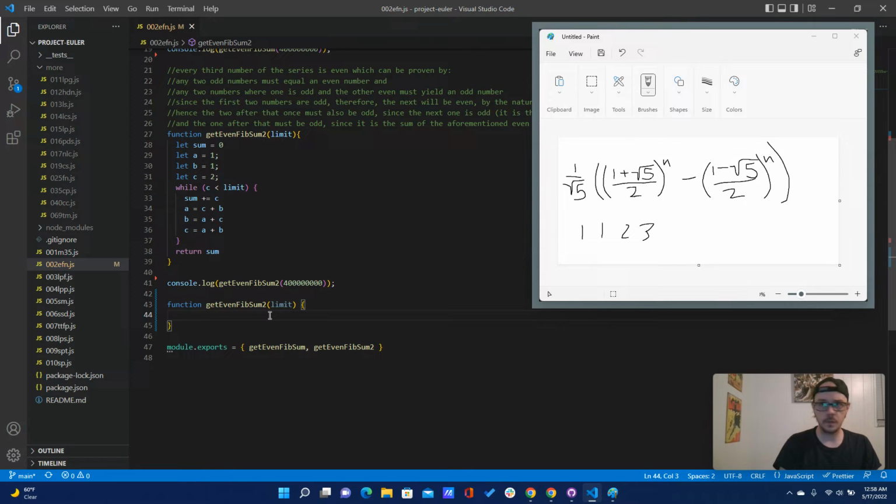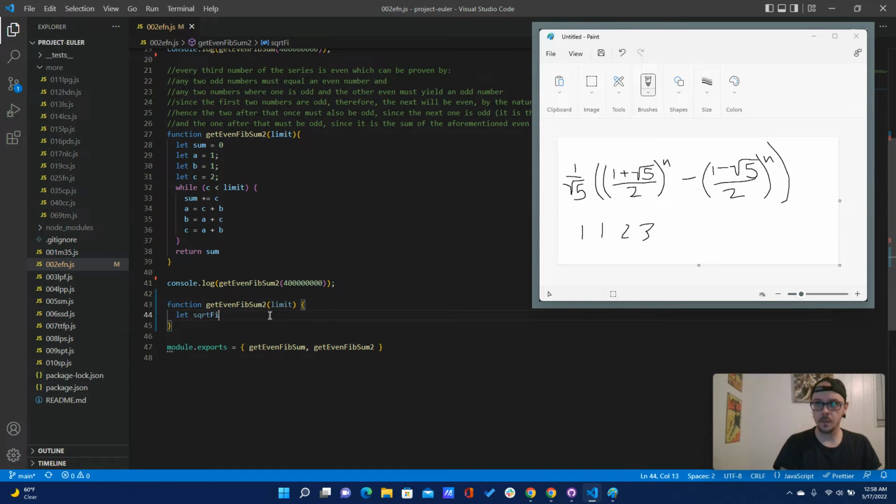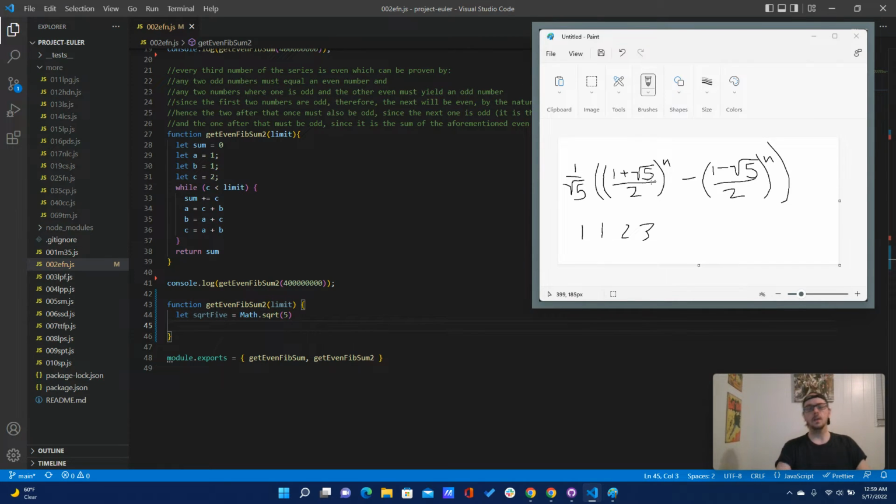So we're going to be using the square root of 5 pretty frequently here. Let's go ahead and, math. Yeah, okay. We've got 3 components here. I'm thinking what we do is we just go ahead and define those outright, because I don't want us calculating the square root or 1 over the square root of 5 each time.